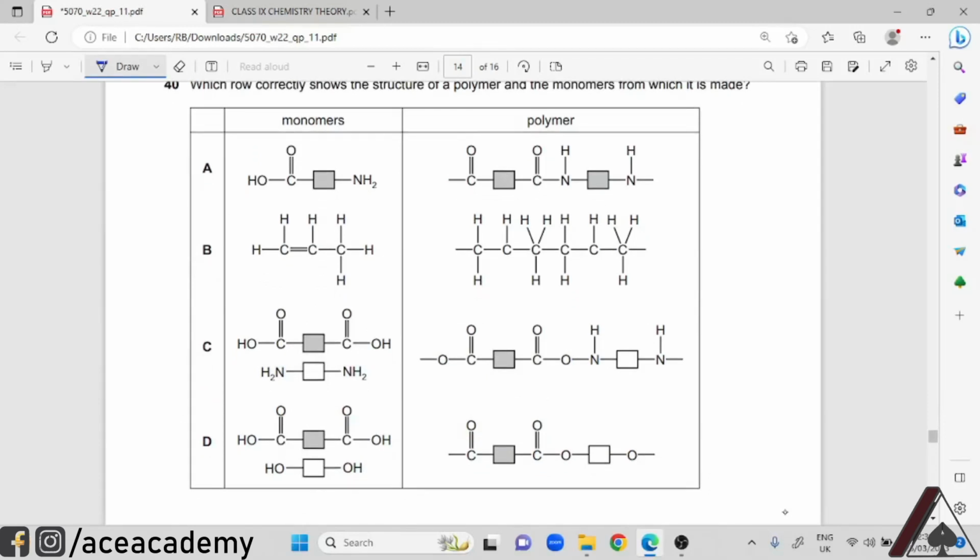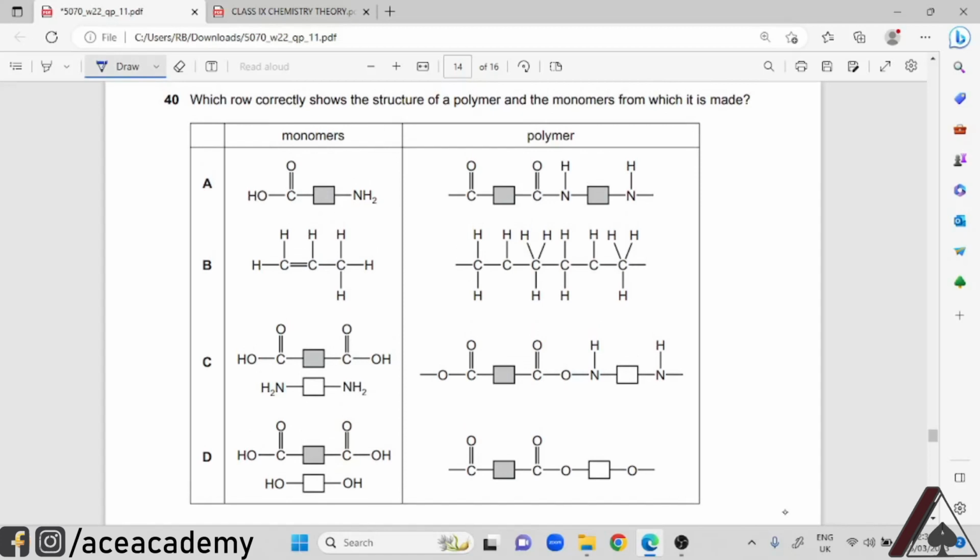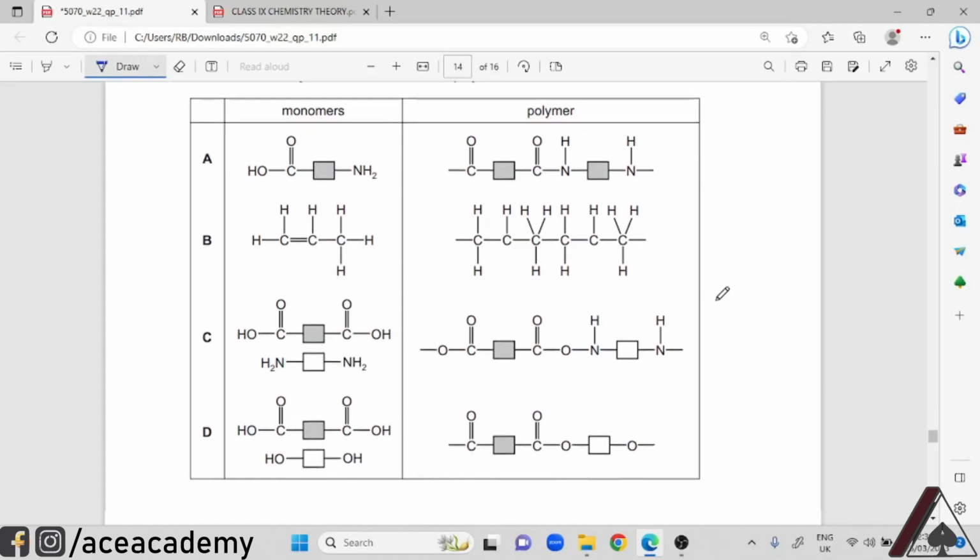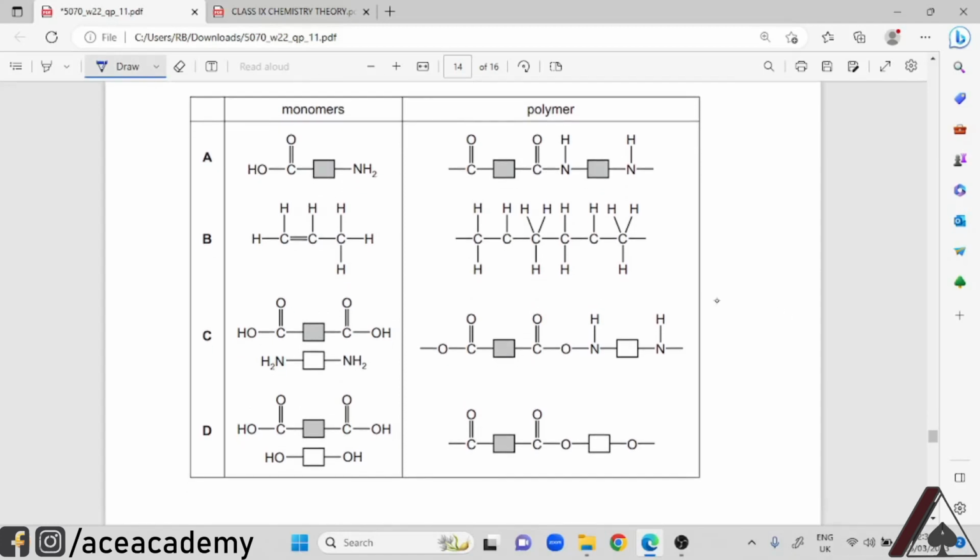Which row correctly shows the structure of a polymer and the monomers from which it is made? Option A says we have this OH group over here and we have this NH2 group over here. And we can see that this is not the correct answer, because if this is the monomer, one side of it must have this part and one side of it must have this part, but in here both of the parts are having this carbon and oxygen double bond.